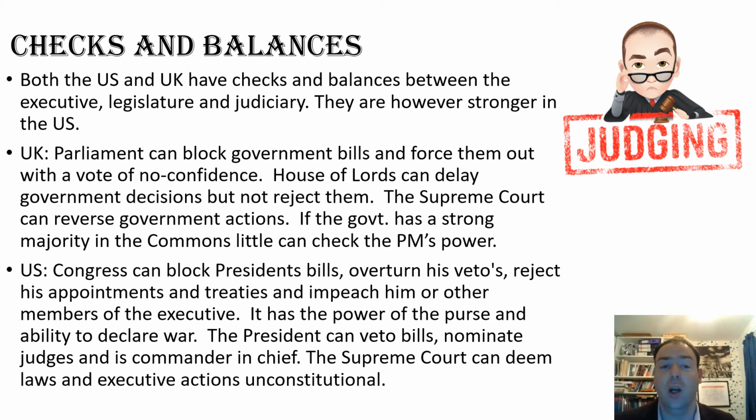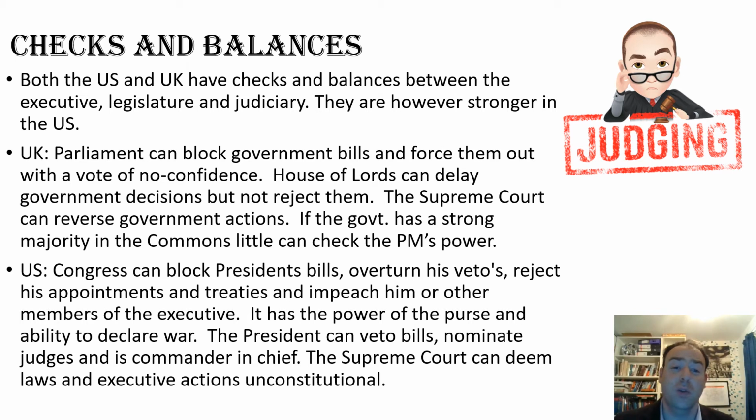We saw Parliament regularly defeating, first of all, May, and then, in a fairly record run at the beginning of his time in office, defeating Johnson. Parliament can essentially kick a government out, get rid of the executive through a vote of no confidence. The House of Lords can act as a check of sorts in that it can delay government decisions, but it's not a complete check, so it can't reject them.